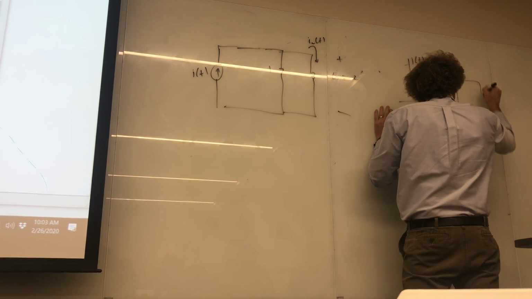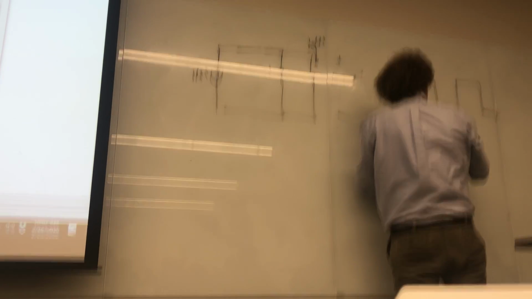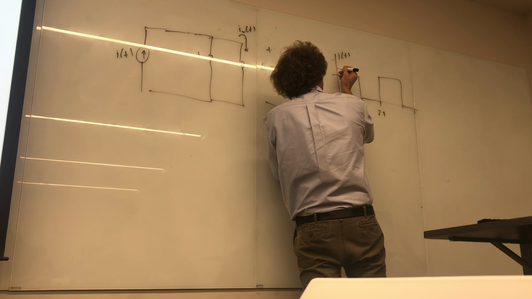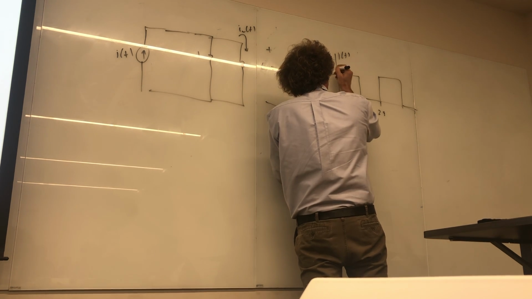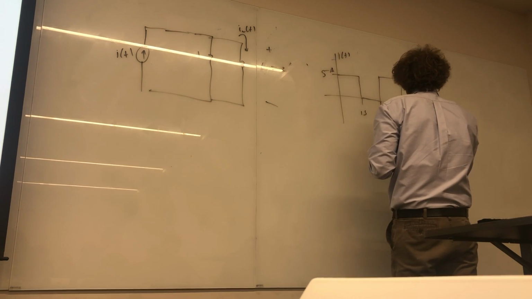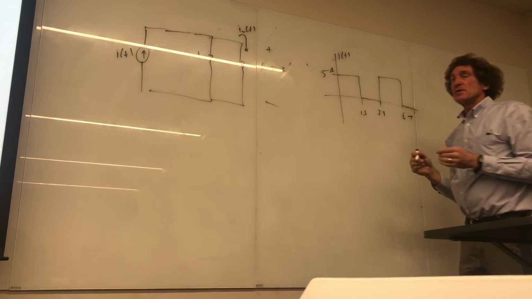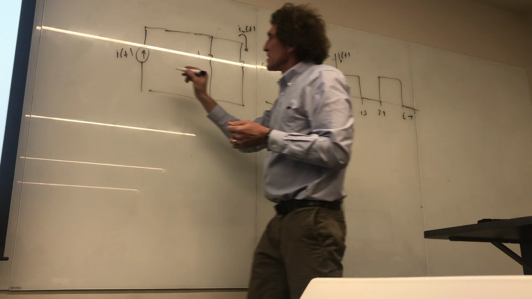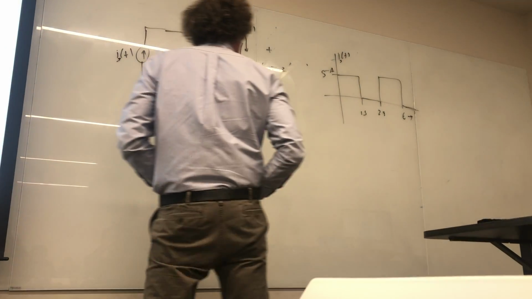It's periodic. This is 1 second, this is 2 seconds. The height is 5 amps. This axis is time, and you can get an idea what's going on here. If you want, you can put a subscript S here, indicating it's the source, but it doesn't matter.